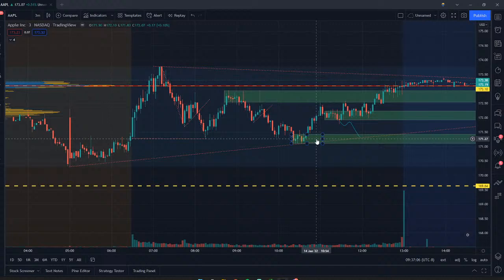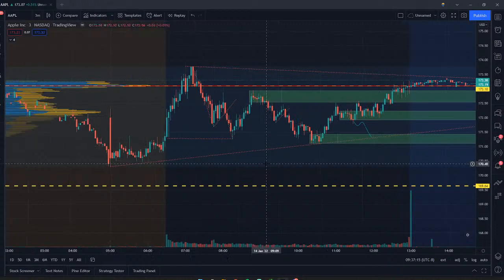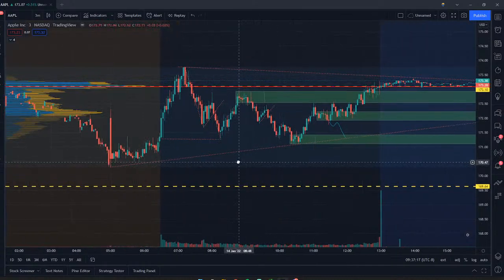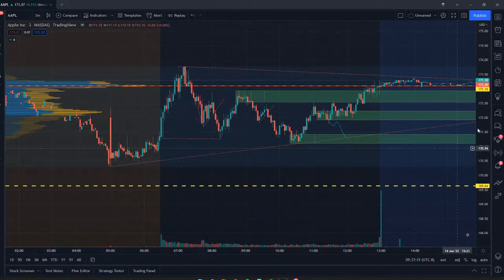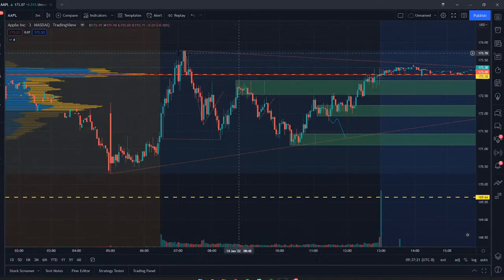What I really recommend to people, especially if you're newer, is to step back and take your time and not rush into trades. Even if you miss something, you'll be better for it. Like if you're watching Apple here and you draw this bear flag and you miss the retest here on this wick to buy puts, at least after it plays out, you knew that your technical analysis was right.